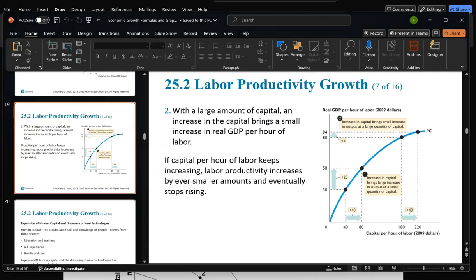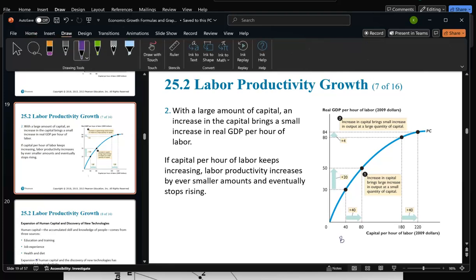This is a productivity curve. Now, let's say the country of beta is here, that does not have a lot of capital per hour of labor. This one is where I will place the economy of alpha that already has a lot of capital per hour of labor.